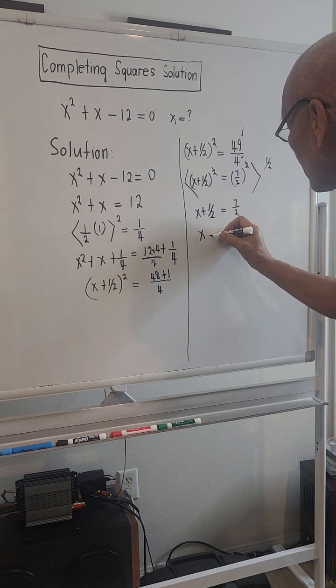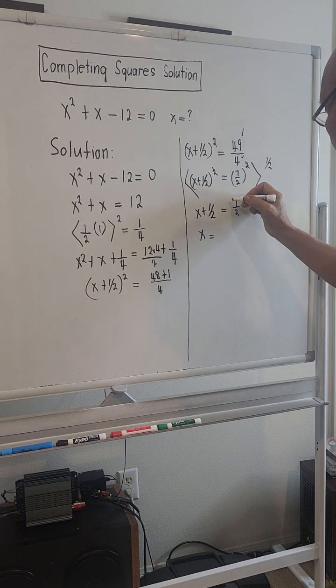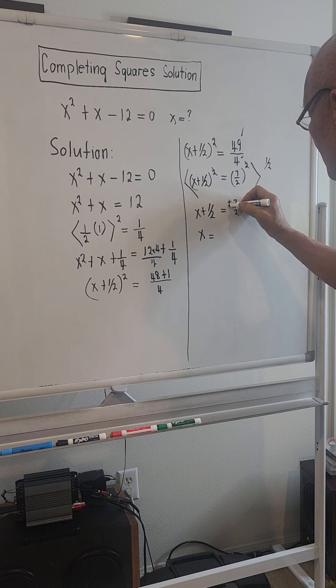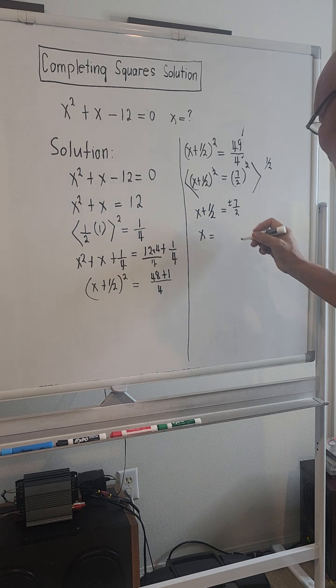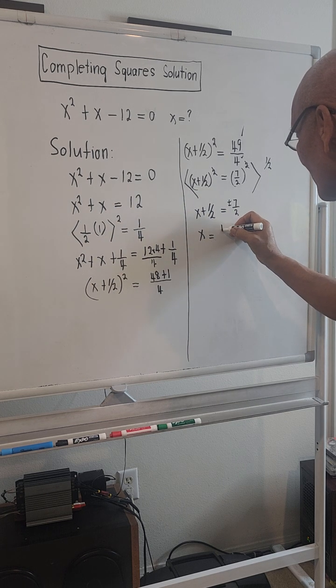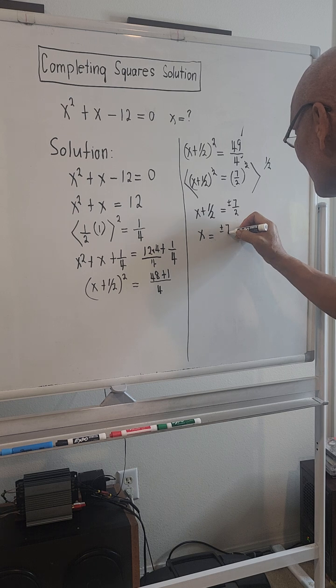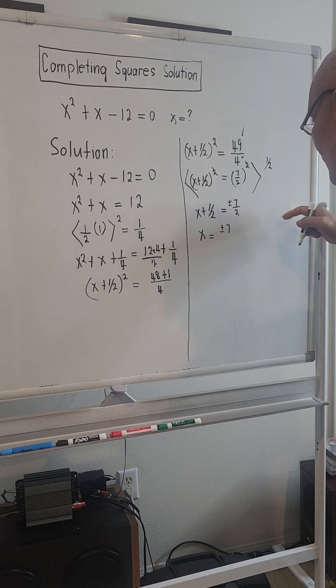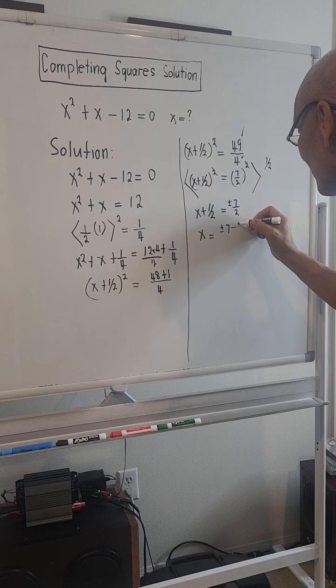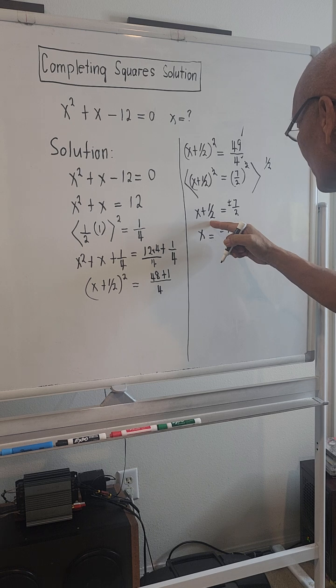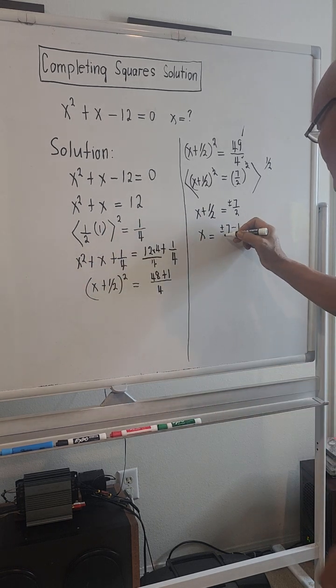x now will be equal to, this should be with the plus or minus, so plus or minus 7 over 2. We transpose this 1/2 to the left, so this is minus 1 over 2 and this is 7 over 2. We could combine now, all over 2.